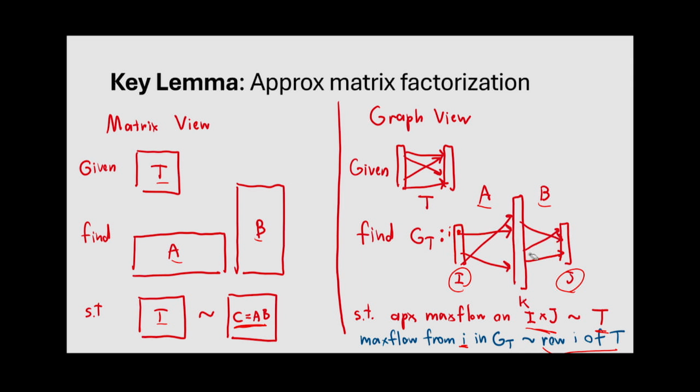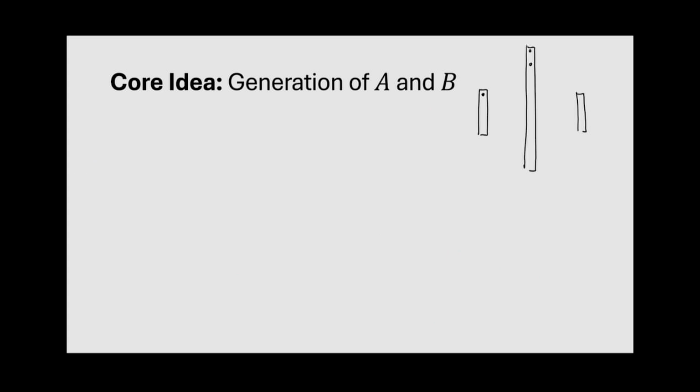If you look at the node i here, and you look at the max flow value to everyone here, your goal is to read off the ith row of T from the single source max flow values. Okay. So now is the core idea. How do we generate A and B?